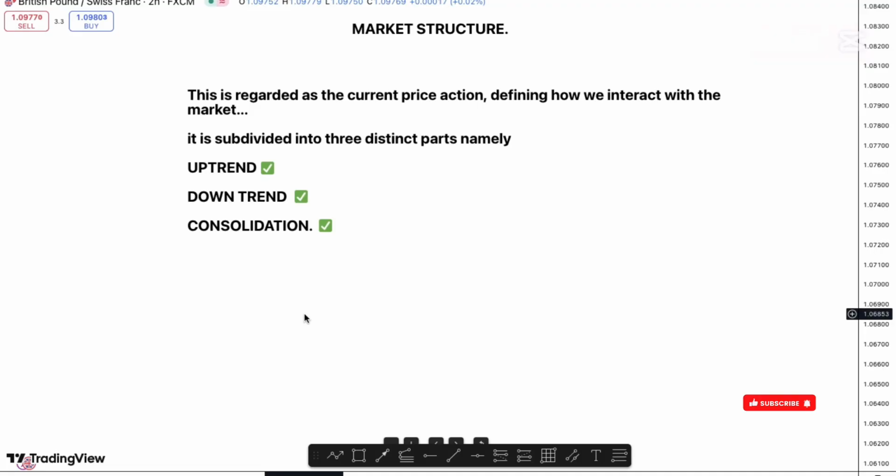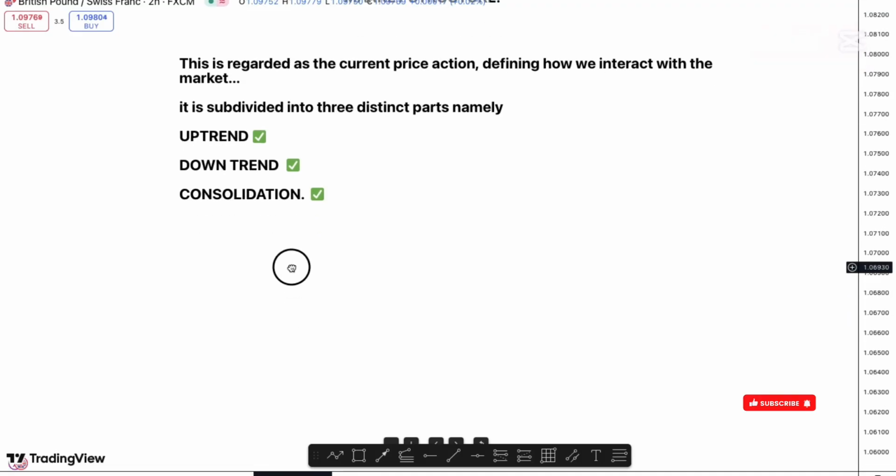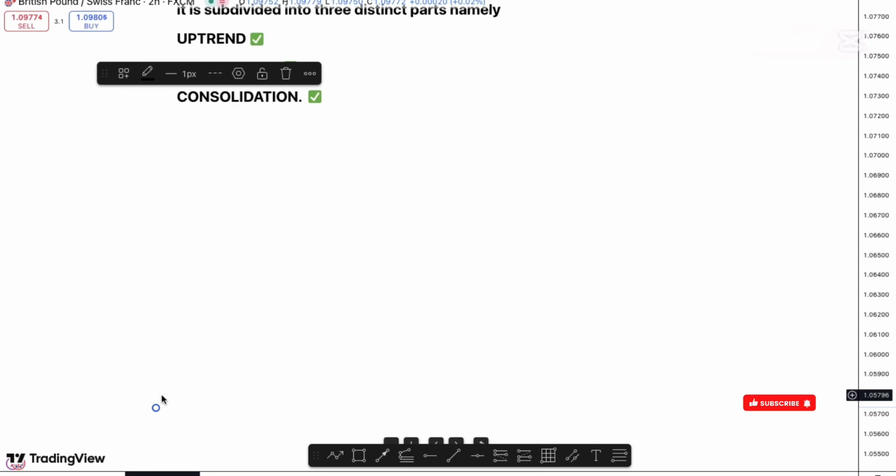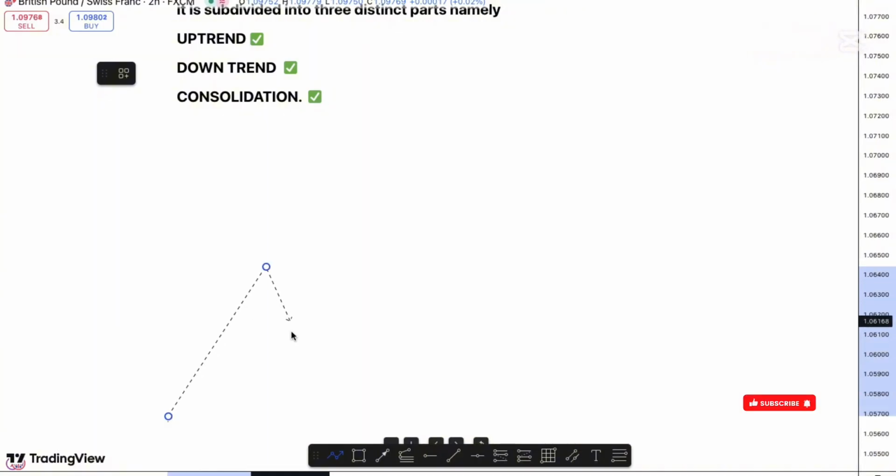An uptrend is a market that is forming a series of higher highs and higher lows, and I'll give you a graphical illustration to understand.